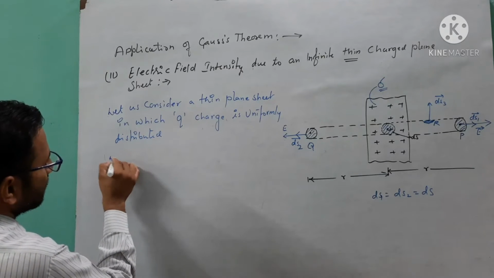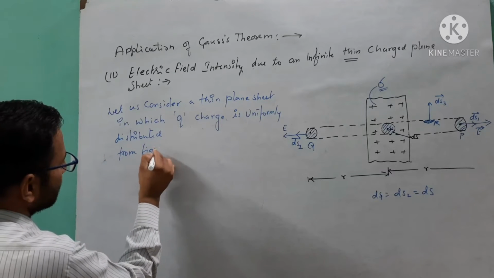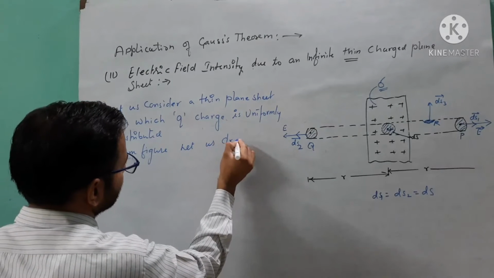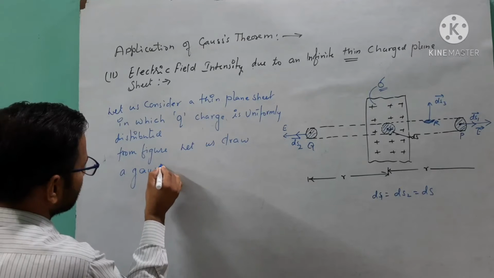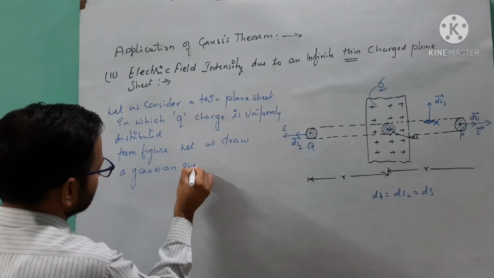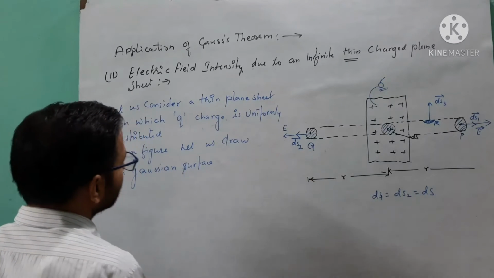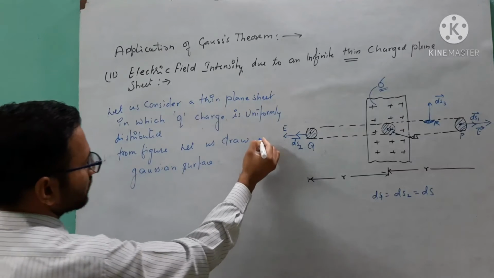Got it? From the figure you can see, let us draw a Gaussian surface which is cylindrical in shape. So we can say, let us draw a cylindrical Gaussian surface.